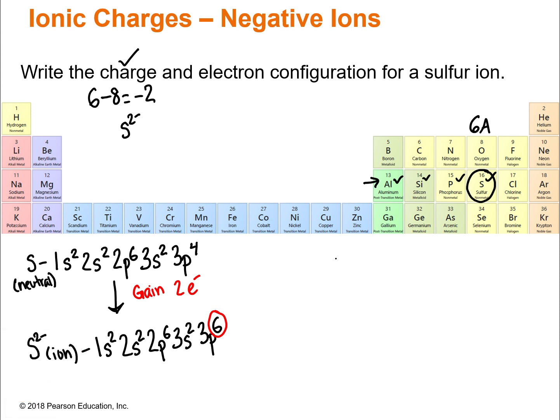Now let's use our noble gas configuration. The neutral atom is going to have neon for its core, and then the 3s and 3p electrons.